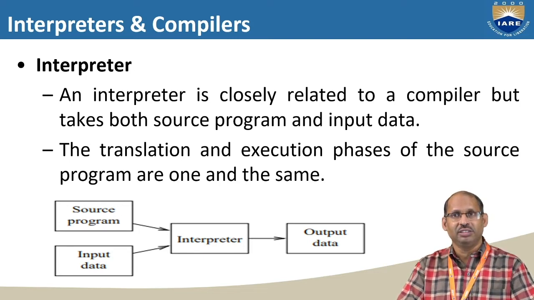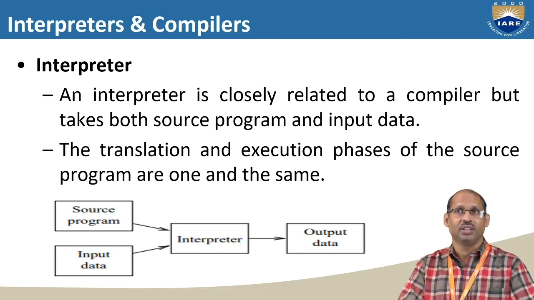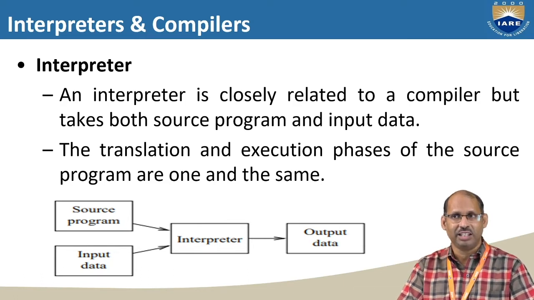The compilation will be done from the first to the last line. Later it is executed. But the interpreter takes each line, analyzes the programming line, and if needed, takes the input data, executes it and gives the output data.